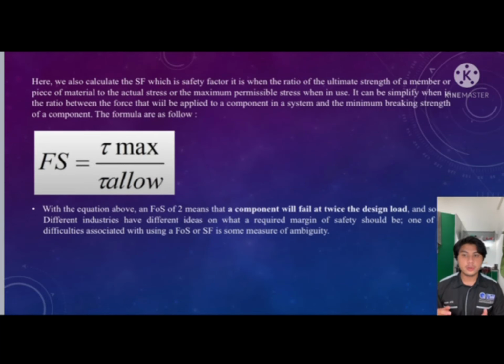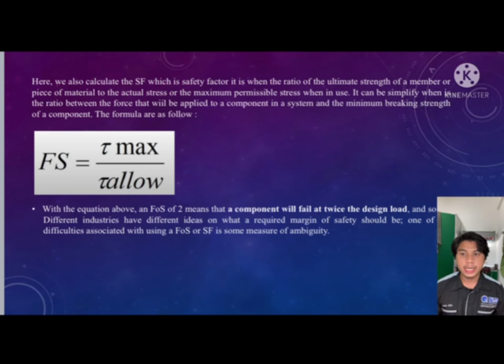Here we also calculate the SF, which is the safety factor. It is the ratio of the ultimate strength of a member or piece of material to the actual stress or maximum permissible stress when in use.